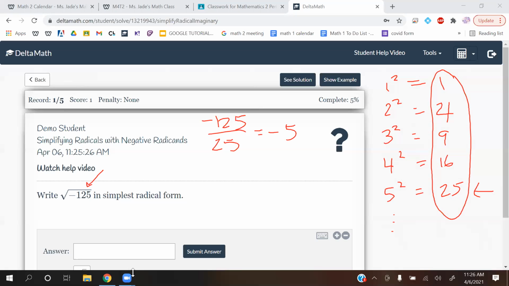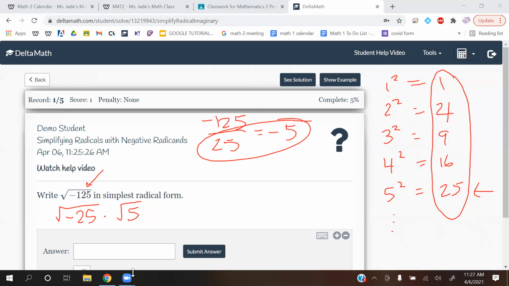So the square root of negative 125 can be rewritten as the square root of negative 25 times the square root of 5, because 5 times 25 equals 125. So we split it up into 2 pieces: negative 25 multiplied by 5.